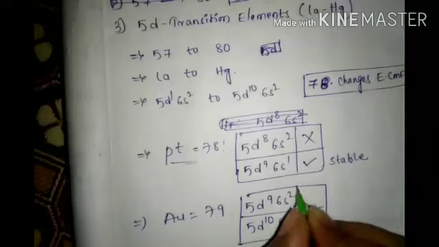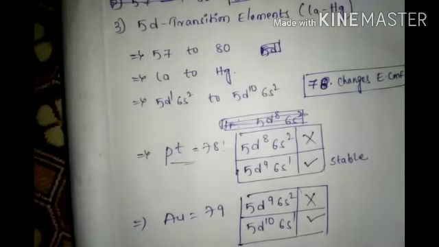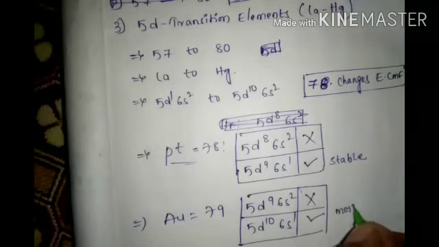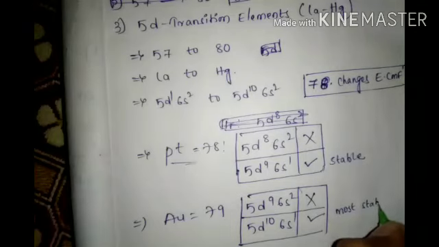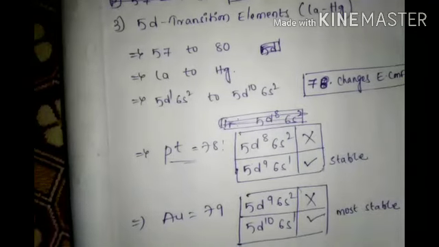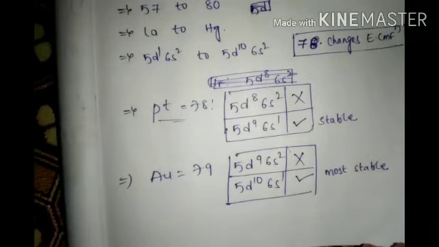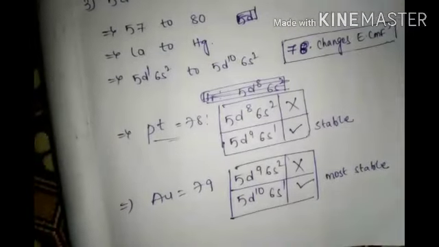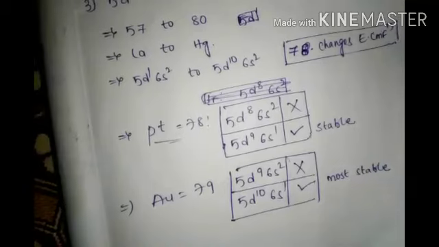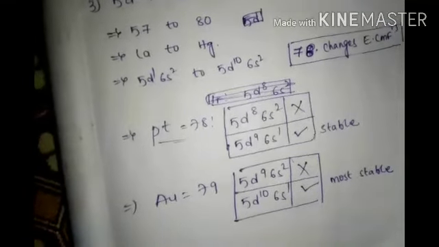Two changes are going on. This is wrong, this is correct, most stable. This is 2: 78, 79. In the 5d series, the electronic configuration changes. Okay?